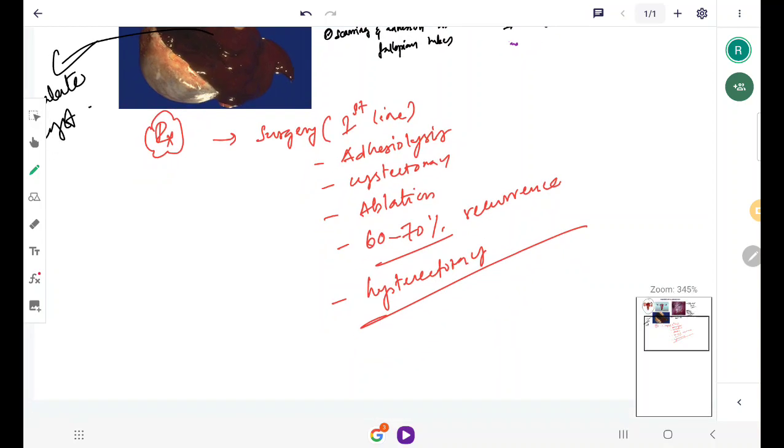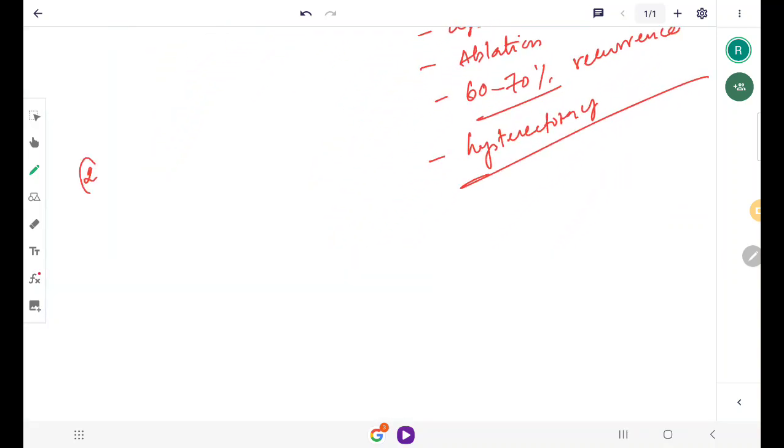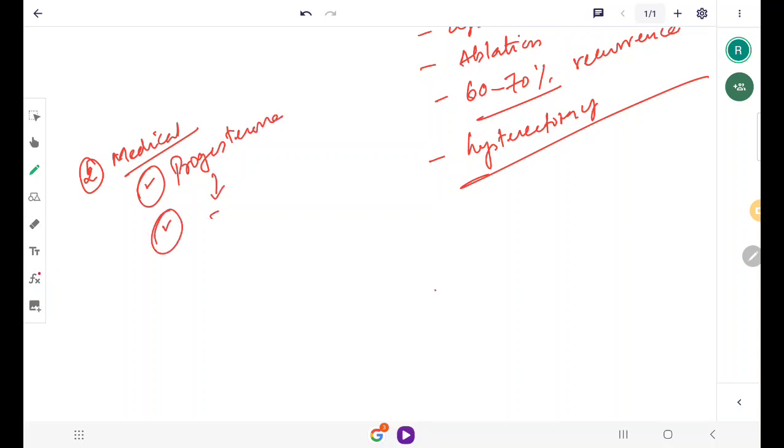And then comes the medical management. So in medical management, you can give the hormonal therapy such as progesterone. So that causes the atrophy of endometrium within 3 to 4 months of treatment.